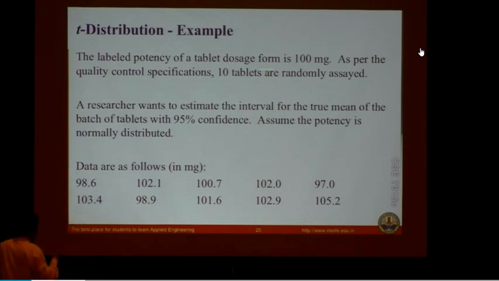And 100 milligrams should be the population mean. I want to understand, based on a sample of 10 tablets, the 95% confidence interval, where will the true mean be? These are the 10 data points in that one sample. First tablet 98.6 milligrams, 102.1 milligrams, like that. Problem clear?